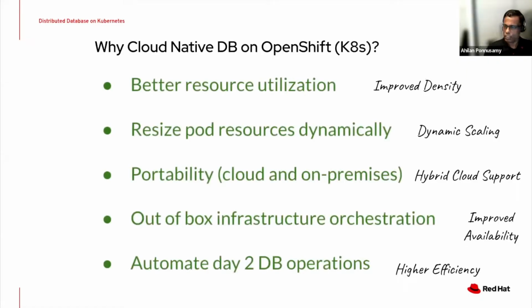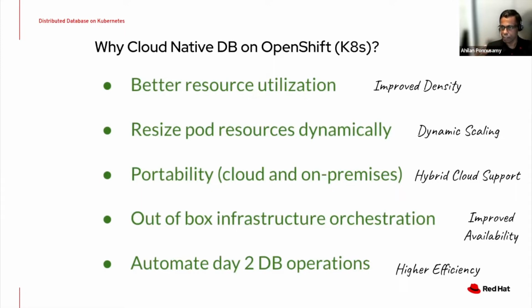So why cloud native database on OpenShift, right? Just to highlight or summarize whatever we discussed in the last 3 slides, it helps organizations to improve density, so they can get more value out of the infrastructure investments they have. It provides dynamic scaling, so all seasonal workloads that need additional capacity or additional processing power can be automatically provided.